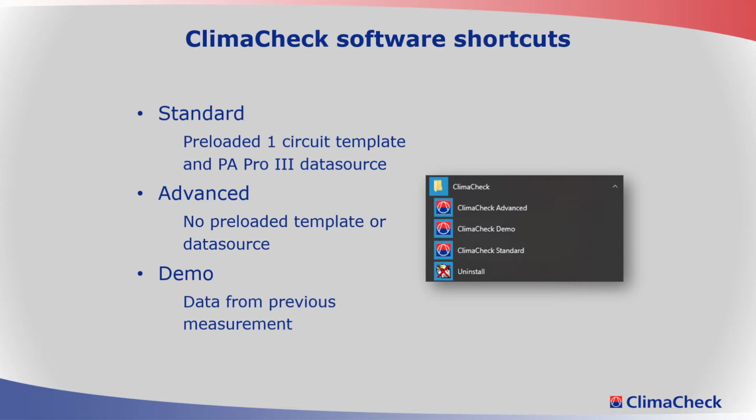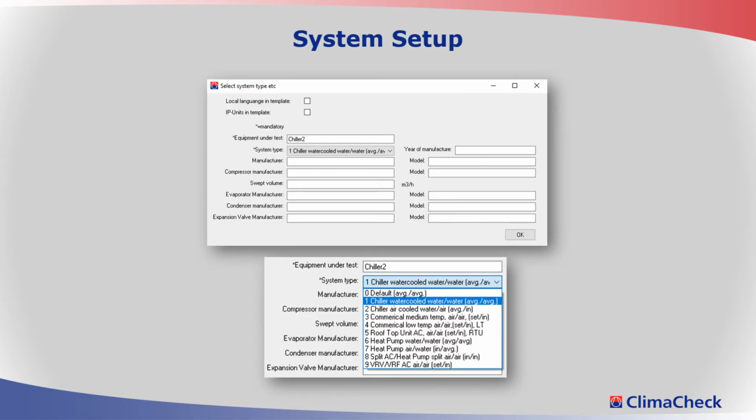Now the first thing that we get when we open the software is a system setup. In here, we can write about equipment, some description about manufacturer, compressor manufacturer, and so on. What's also important here is to choose the system type. What it is that we're measuring. Is it a water-cooled chiller? Is it an air-cooled chiller?